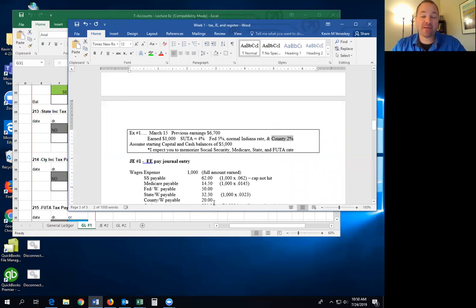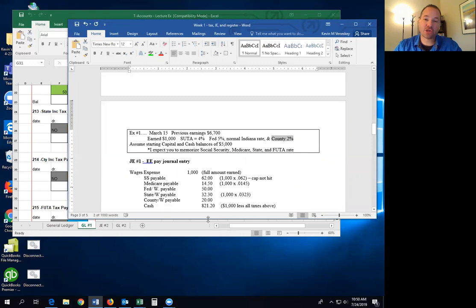Now we're ready to pay the employee. We simply need to write them a check for whatever's left. So all we need to do is take 1,000 and then subtract out all of these withholdings. And you should come to a final cash credit that you're actually writing a check to your employee for the $821.20.